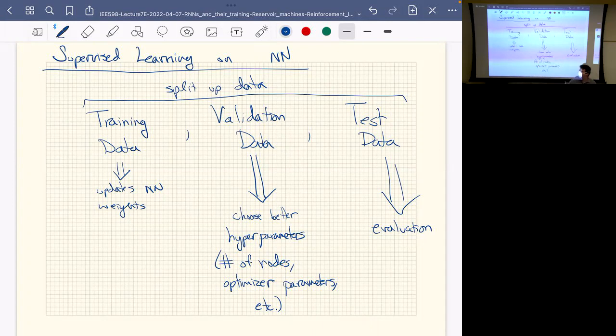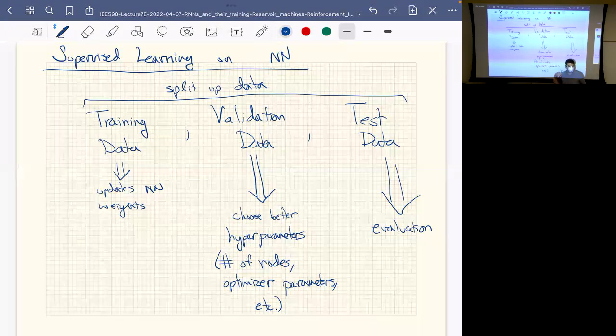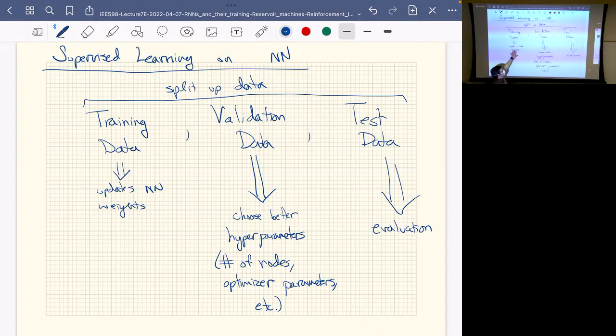Optimization is not necessarily always supervised learning, but we could still envision the process of updating your optimizer in these three steps, where you use a small number of generations to see how well it does, update the hyperparameters, and repeat with a small number of generations. As things do better and better with small numbers of generations, you eventually fix your hyperparameters so you're done. You know how many individuals you want, you know how many generations you want, and whatever. And then you actually go and run the large experiment that takes a huge amount of time, but you feel pretty confident that your optimizer is going to perform well.